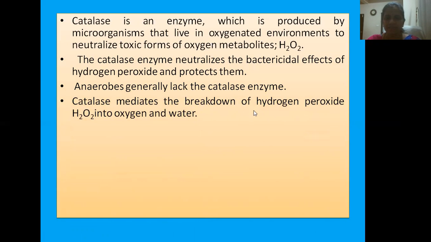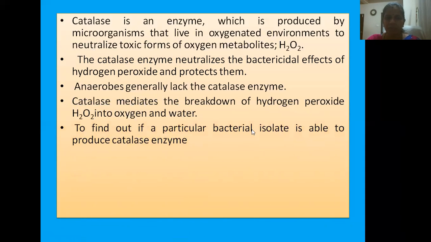Catalase mediates the breakdown of hydrogen peroxide into oxygen and water. This reaction is very important, you must keep it in mind. If an organism has the catalase enzyme, this enzyme breaks down the hydrogen peroxide into oxygen and water.